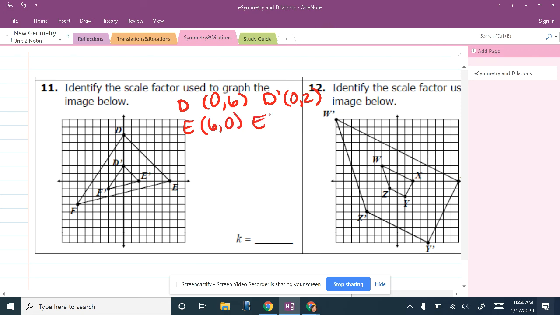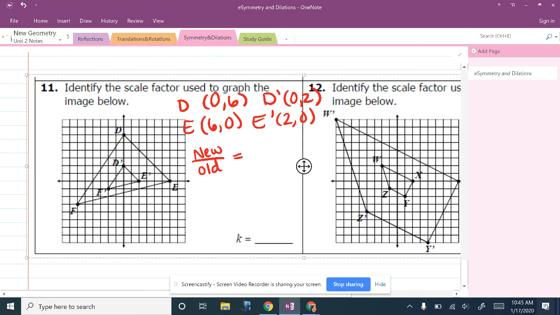And what is E prime? 2, 0. Okay? So I like to find a coordinate like 6 to 2. What happened? Well, you do the new divided by the old. New divided by old. So you see how the Y values are 6 and 2?